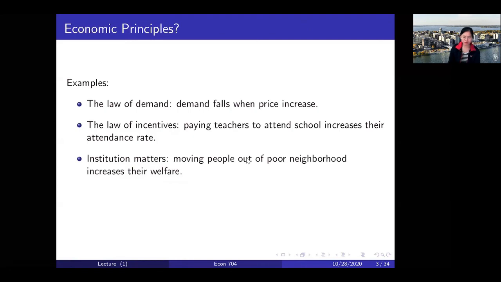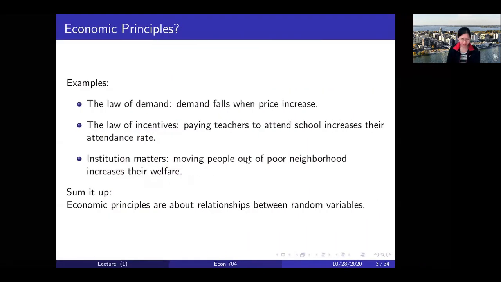To give a summary of all of those, what are economic principles? Economic principles are about relationships between random variables. So the law of demand is about the relationship between price and demand. And the law of incentives is about the relationship between the incentive and the action.